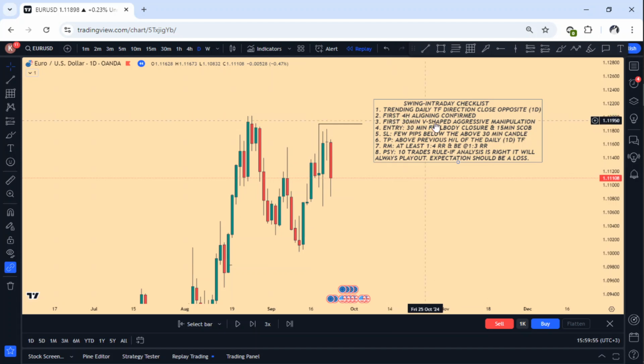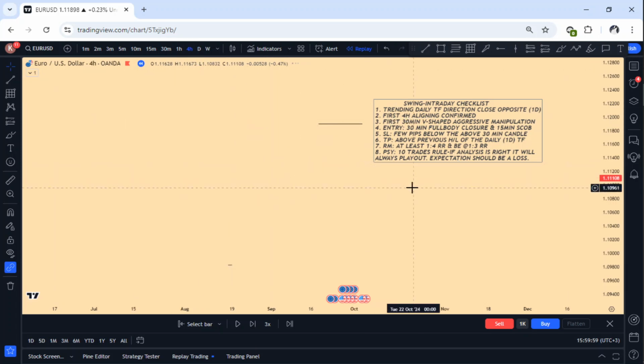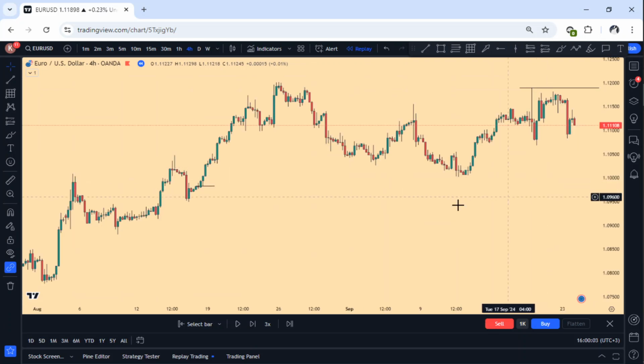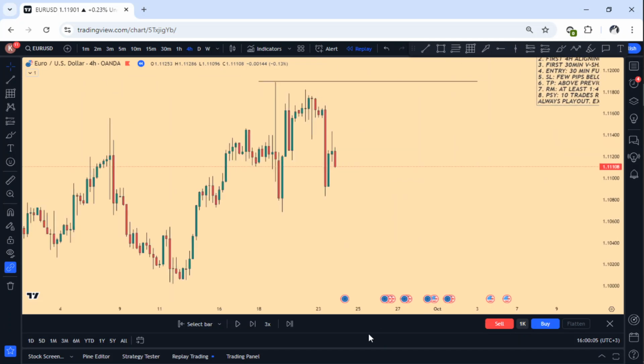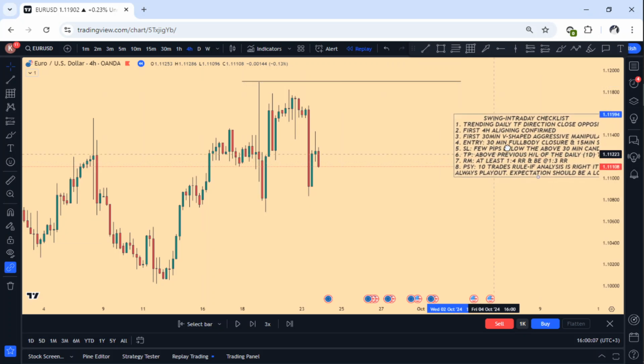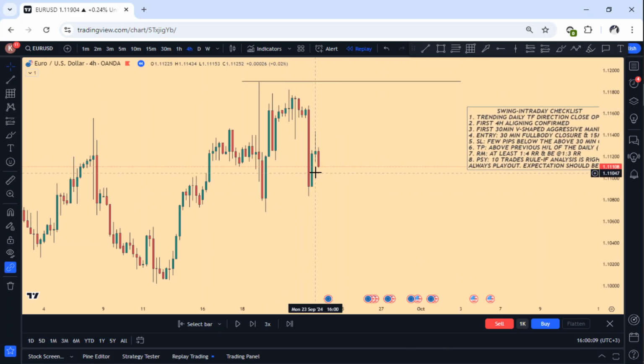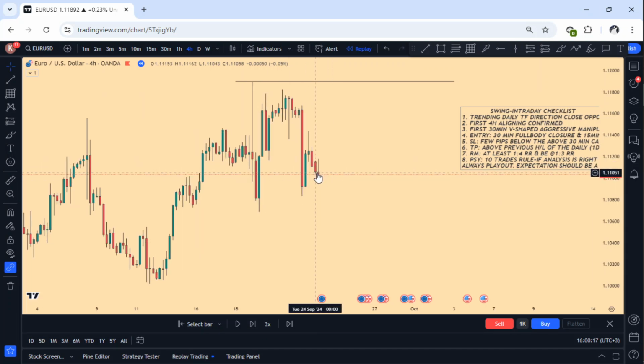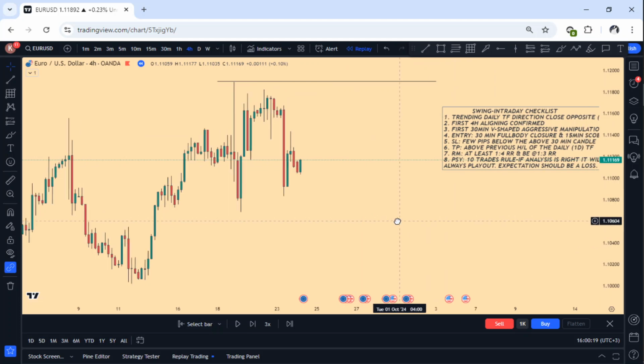Criteria number 2, 4 hours align. So let's go to 4 hours and wait for alignment. Basically we are waiting for the first 4 hour to align. So we got a daily that is still a push down, and then we get an alignment there.